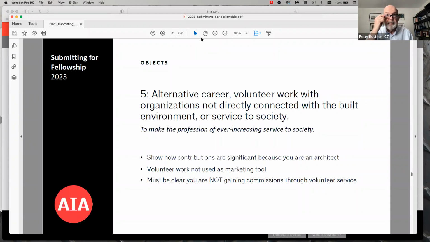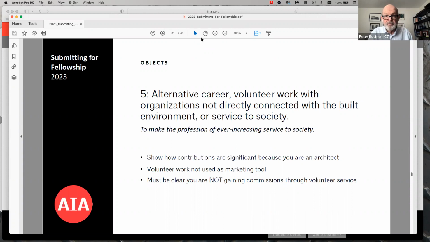This is just ever increasing service to society. These are alternative careers or volunteer work you do. These are tough ones, but if you're really involved, you can often make the case for them. Like many volunteers, you have volunteer organizations, you often have to agree to not go after it for work, not use it as marketing, keep away from working for them as a professional for X number of years.